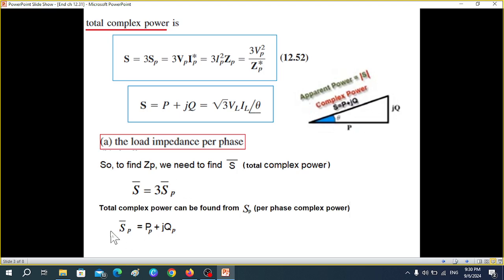And per phase complex power we just learned is P plus JQ, or PP, the real power per phase, plus JQP, the imaginary power per phase. Given in the question is that each load is 6 kilowatt, that is 6,000 watts. So PP is given. We have to find QP to find SP, and from there we can go back to S, and from there we can find ZP.